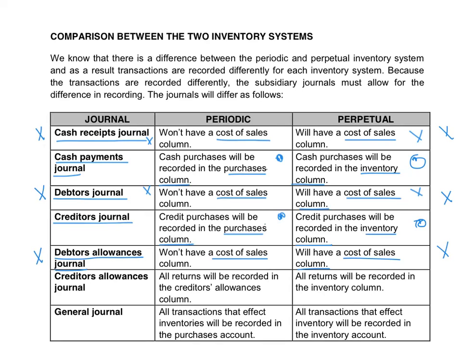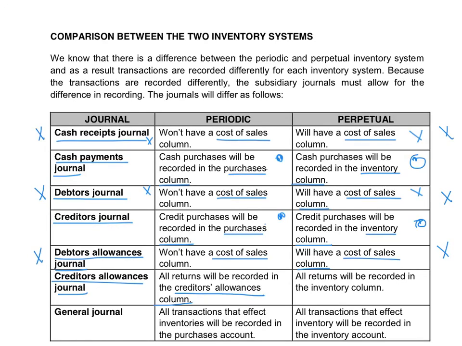If we look at the creditors allowances journal, all returns will be recorded in the creditors allowances column. So both methods will have a creditors allowances journal, but in the periodic system they have a creditors allowances column and a creditors allowances account.